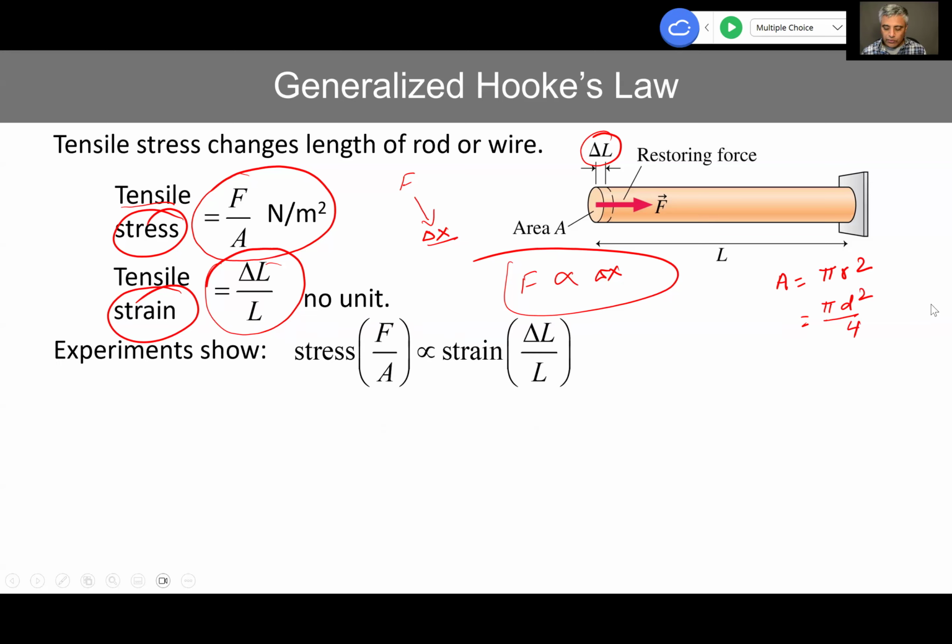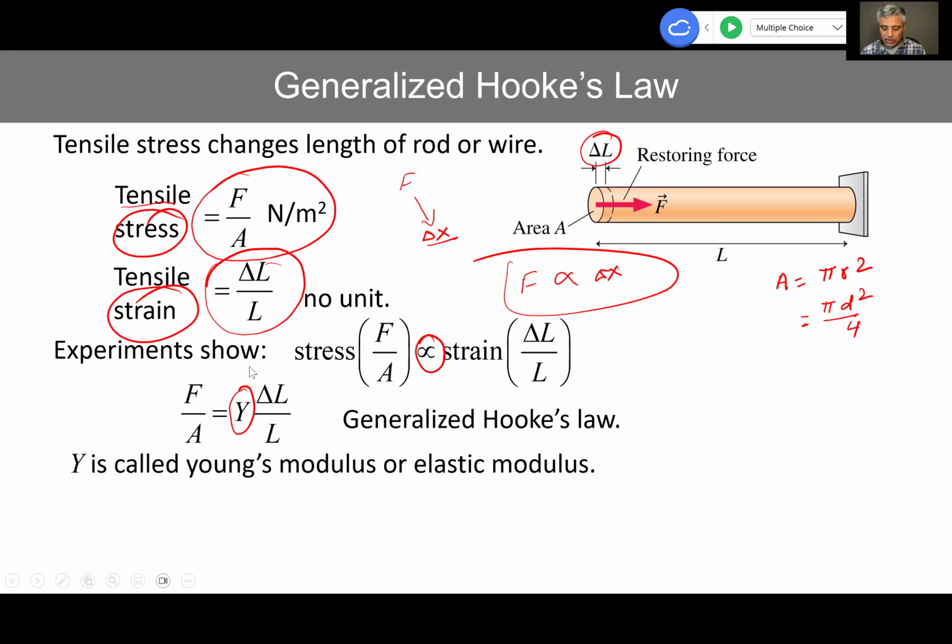Just like we introduced a spring constant to change the proportional sign to an equal sign, we do the same thing. But in this case, the constant is going to be different, not the same k we have for the spring. That is denoted by uppercase Y, okay?